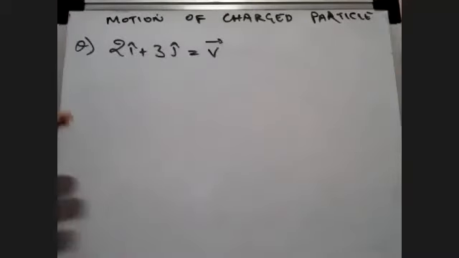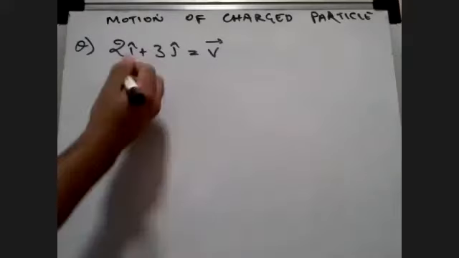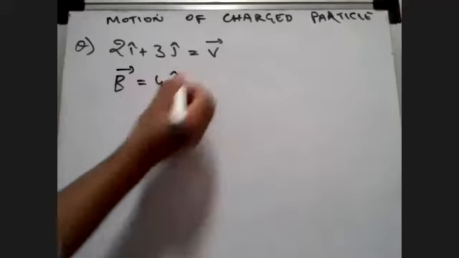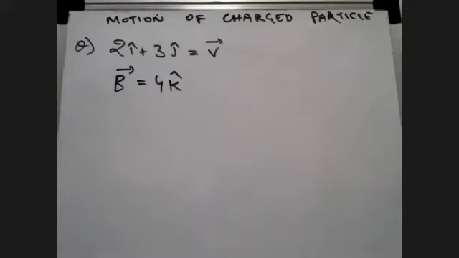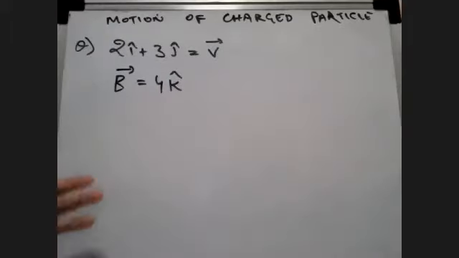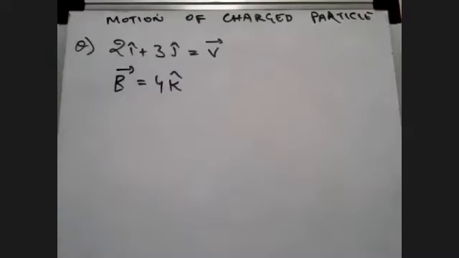If an electron is having this velocity vector and is subjected to a magnetic field in the 4k cap direction, then you have to tell me what will happen.